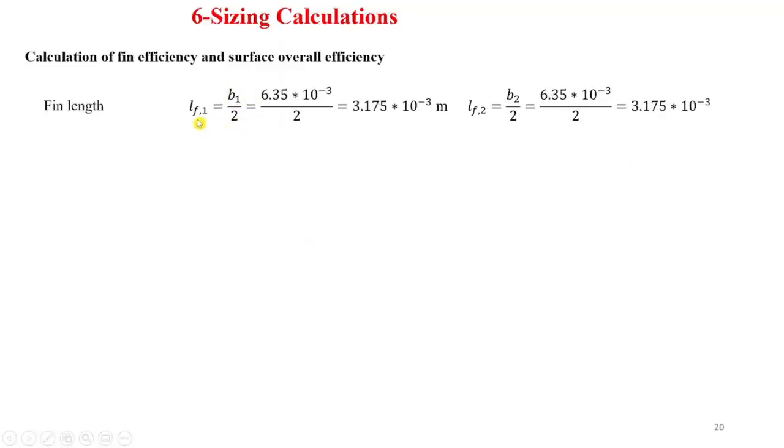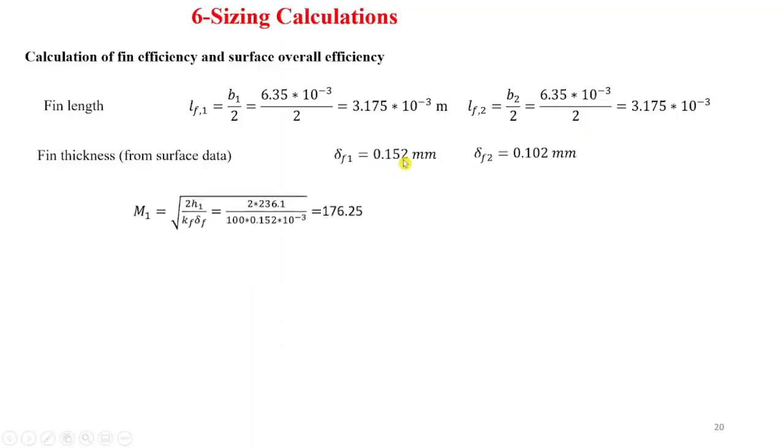So we have the length of the fin for side 1 is going to be this value, and the length of the fin for side 2 is going to be this value in meters. The fin thickness, according to the data of the surface, for surface 1 is going to be 1.52 millimeter, and for surface 2 is going to be 0.102 millimeter.